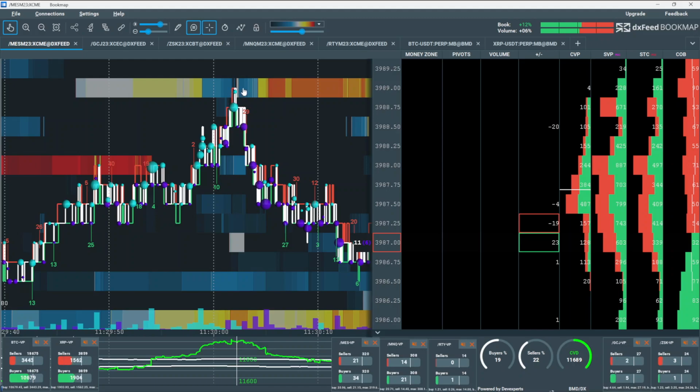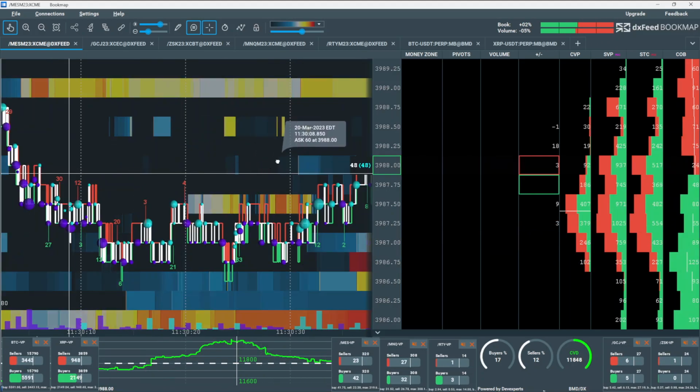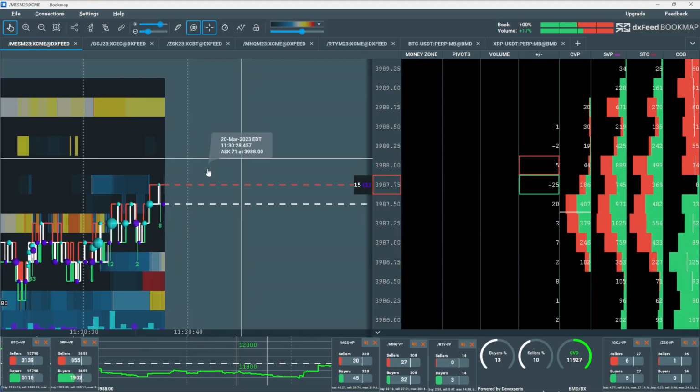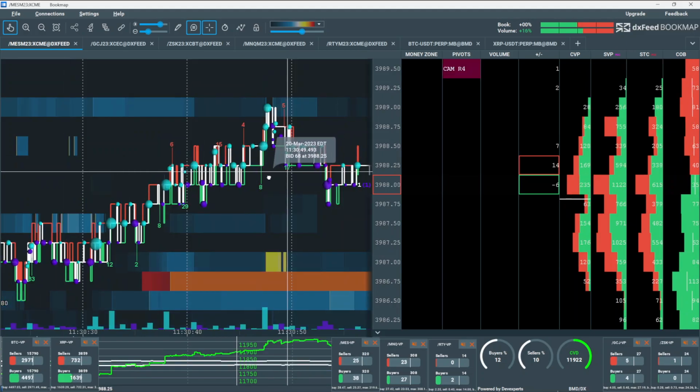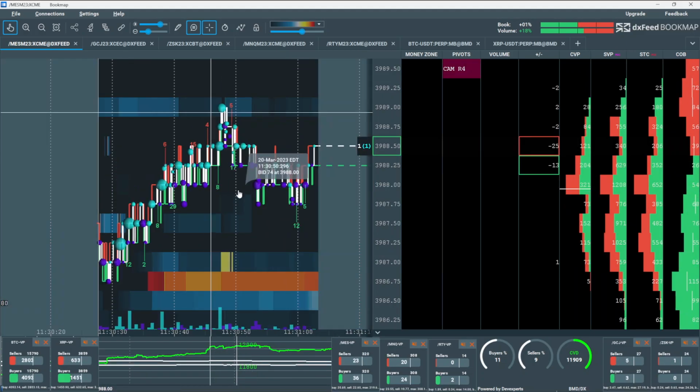They came back up. All right, let me pull this out. We had some buying, but then there's exhaustion right here again, very little buying. There's another attempt right there.